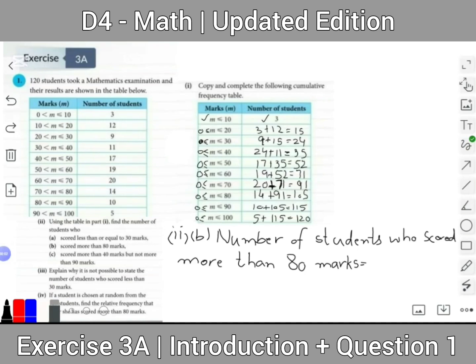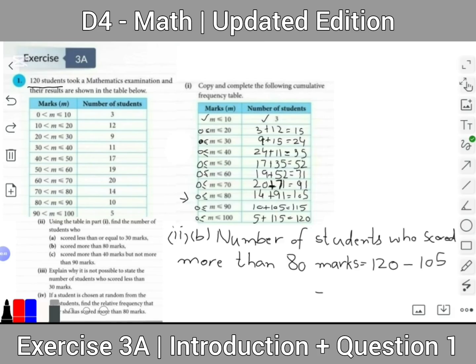Since the total number of students given is 120, here we have 120 minus the number of students who scored less than or equal to 80 marks. We identify the class interval in the cumulative frequency table: 1, 2, 3, 4, 5, 6, 7, the eighth class interval shows the number of students who scored less than or equal to 80 marks, with the cumulative frequency of 105.